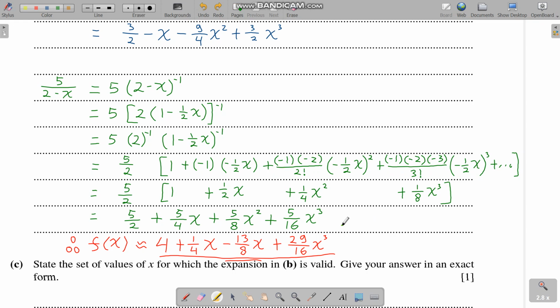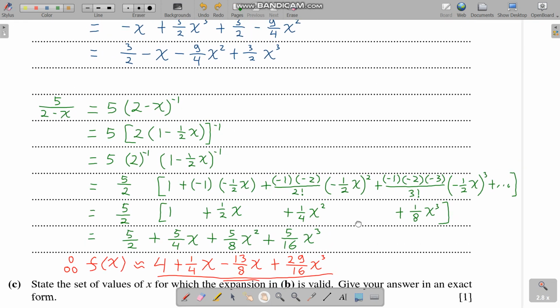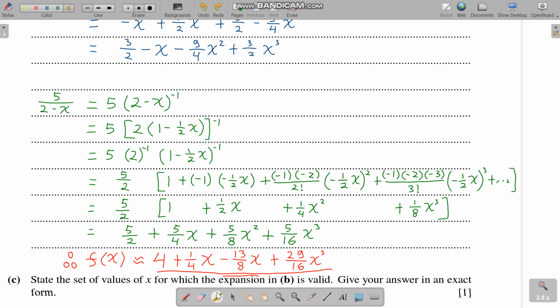So we multiply everything by 5/2. 5/2 times 1, 5/2 times 1/2 x, 5/4 x. 5/2 times 1/4 x squared, 5/8 x squared, 5 halves times 1/8 x cubed, 5/16 x cubed, and now we have to add everything.